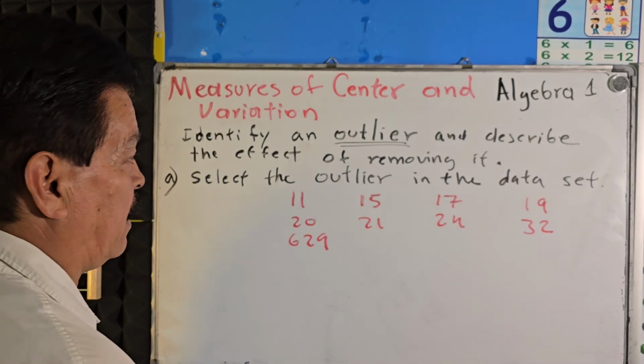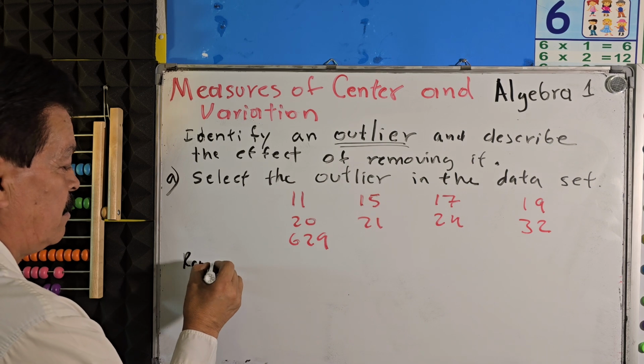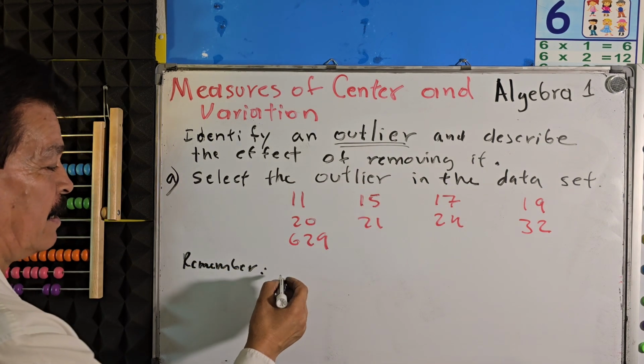So the concept, remember, we are talking about outliers. It's an easy problem. It's not hard. Just explain it like this concept.